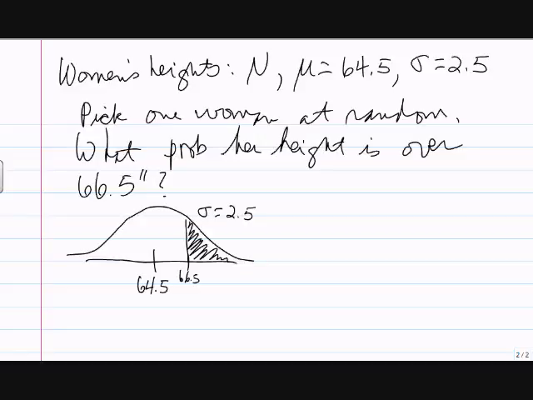So, as we've been doing for a few days, I'll get a z-score for that 66.5. So that's 66.5 minus my mean, 64.5, divided by my standard deviation of 2.5. And somebody want to check that out for me, see what you get for a z-score?